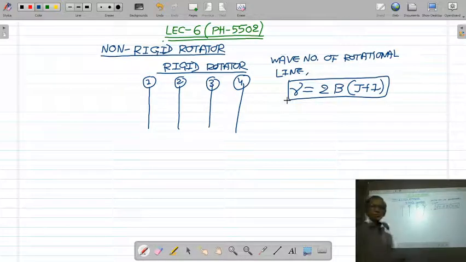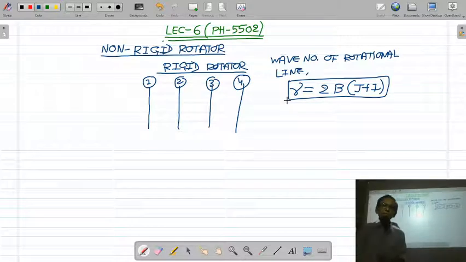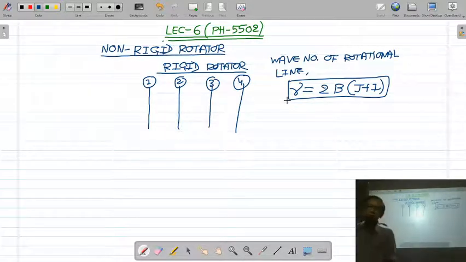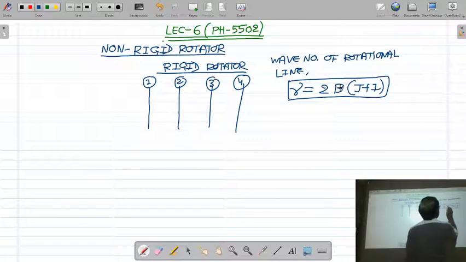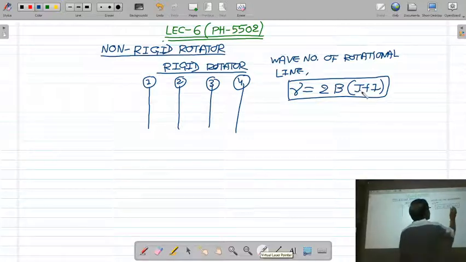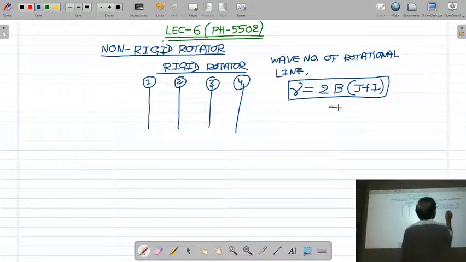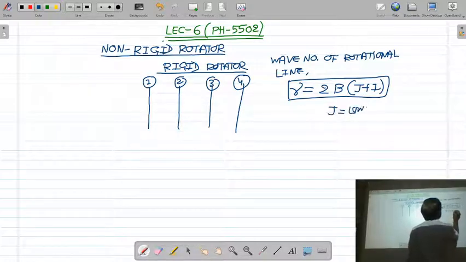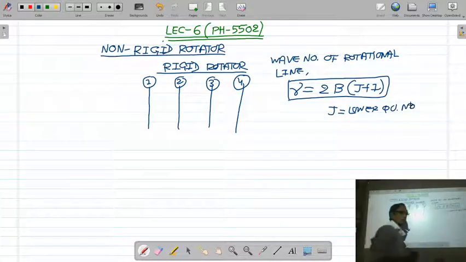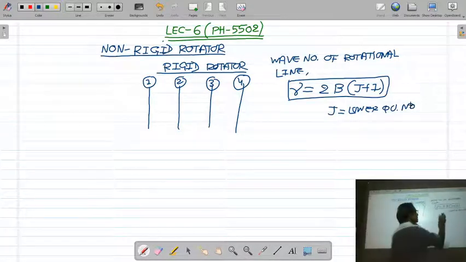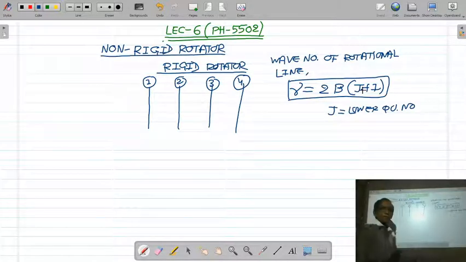We have derived this equation for the wave number of an absorbed or emitted rotational line, where B is a rotational constant and J is the lower rotational quantum number.